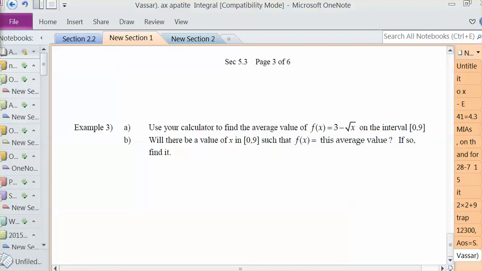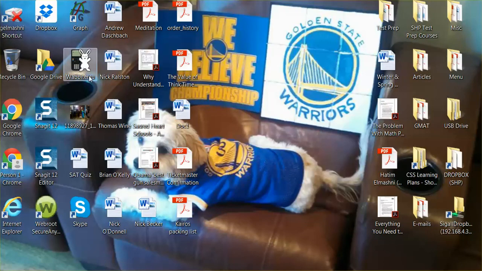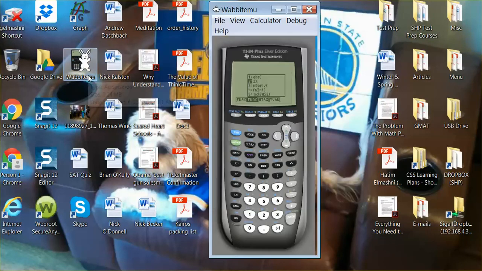So use a calculator to find the average value. We've talked about this in the calculator. Let me pull up the calculator app, which is right here. Might be a little hard to see, but alpha window, option 4.